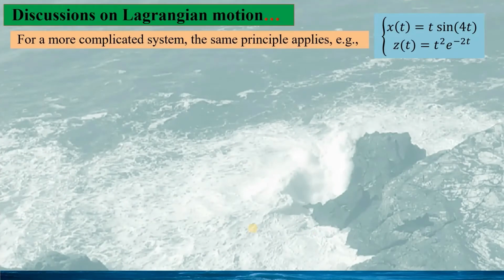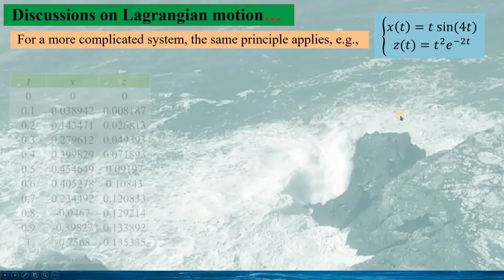Here we assume a more complicated system, given as this: x as a function of t as this, and z is the function of t as this. So obviously we can't easily solve t from either x(t) or z(t).